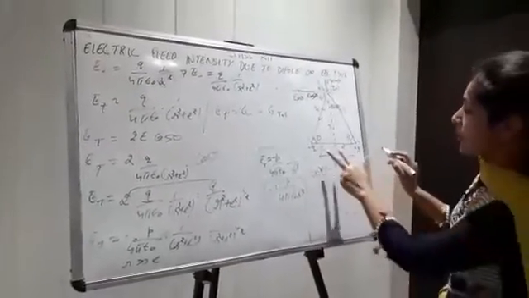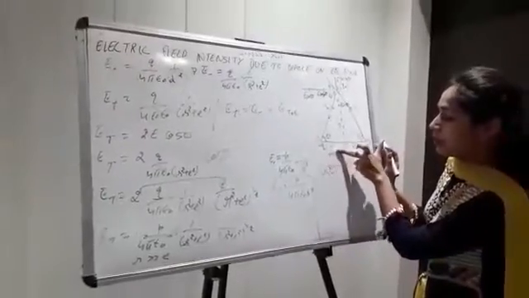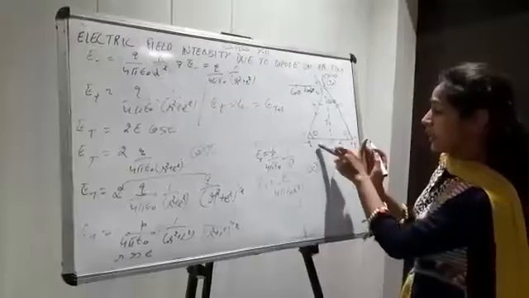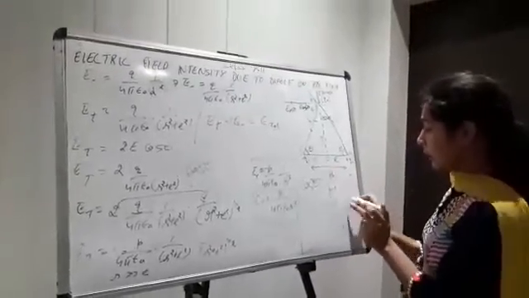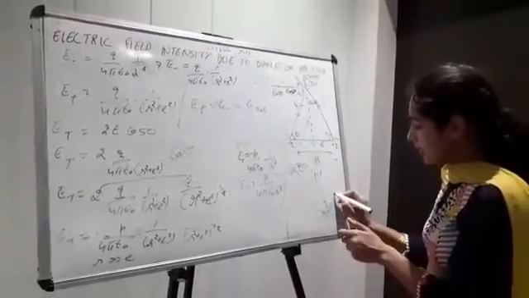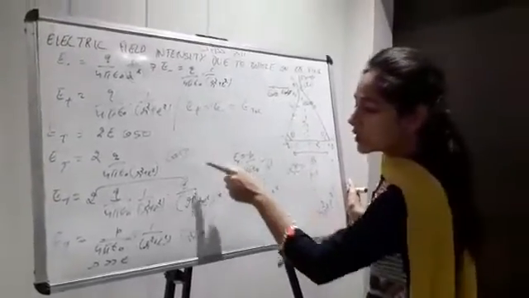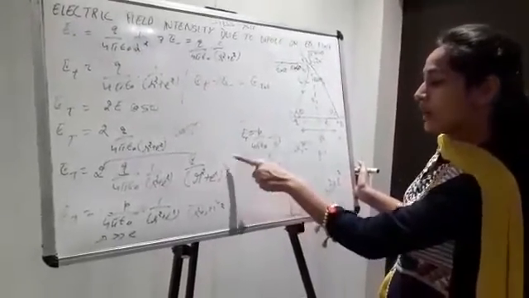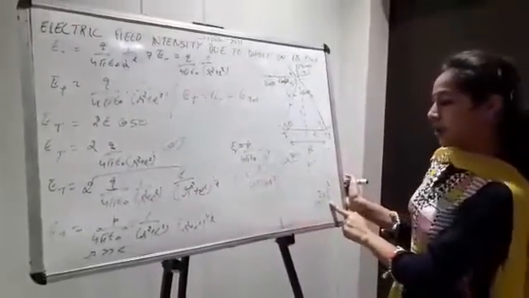So what is the base? L. L is the base, you can take either side. And the hypotenuse we already found, that is R square plus L square, to the power half. So we put L upon R square plus L square to the half. Clear this thing or not?